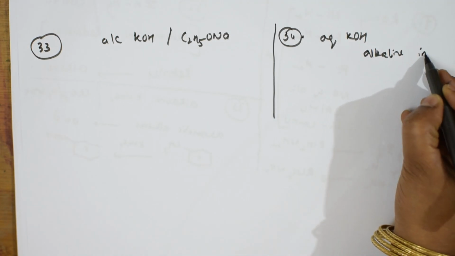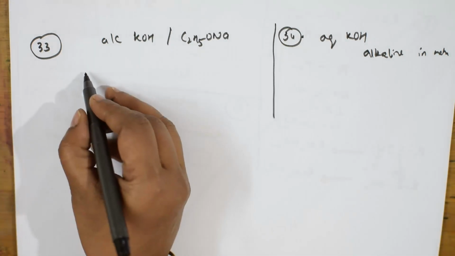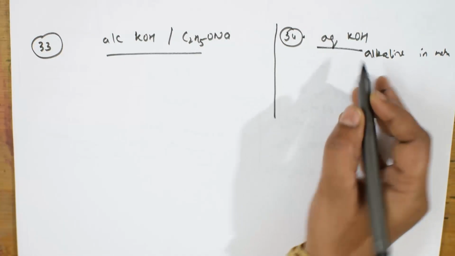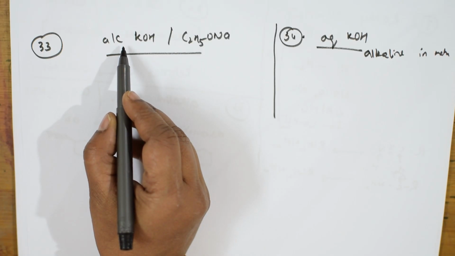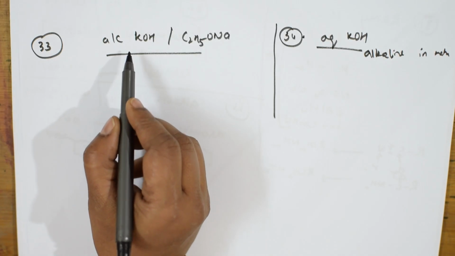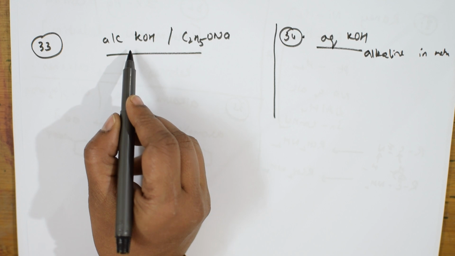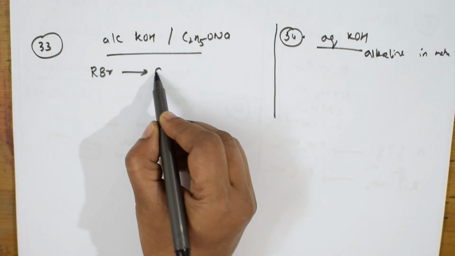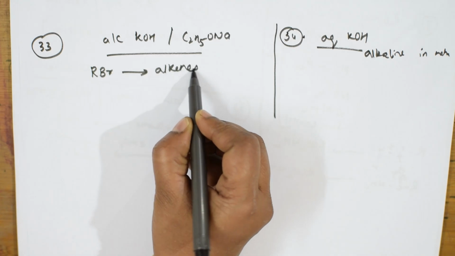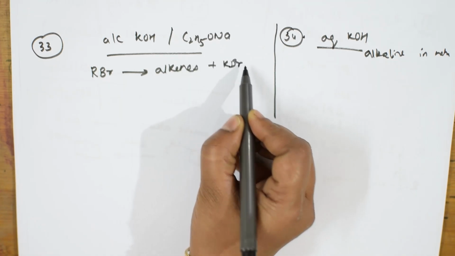Now remember, in the presence of alcoholic KOH, this prefers more of elimination rather than substitution. This converts alkyl halides to alkenes plus KBr plus water.